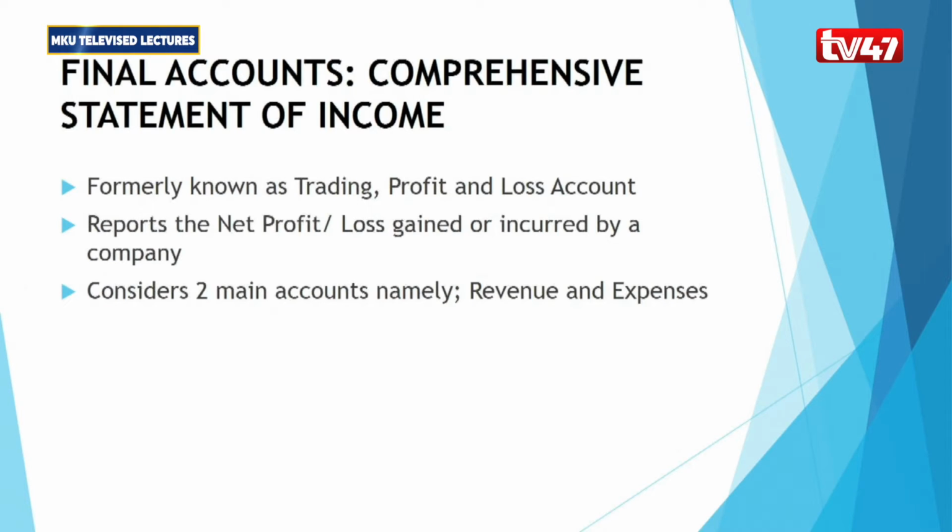Of course, you'll appreciate that in practice, you really don't have to wait for the 12-month period. There will be quarterly statements, meaning that after every 3 months, a business is able to prepare these particular statements.